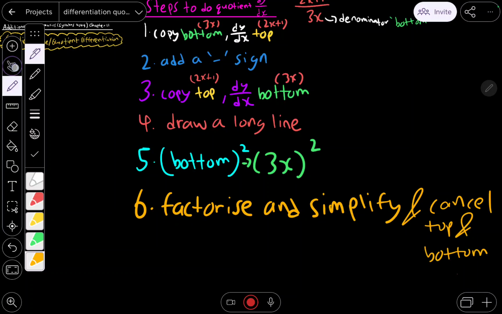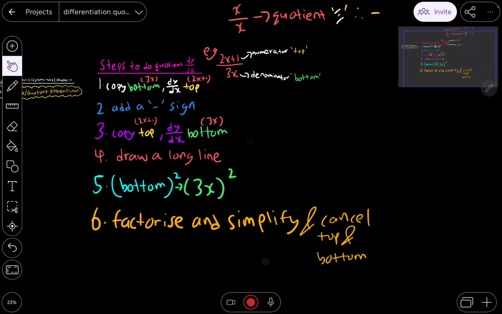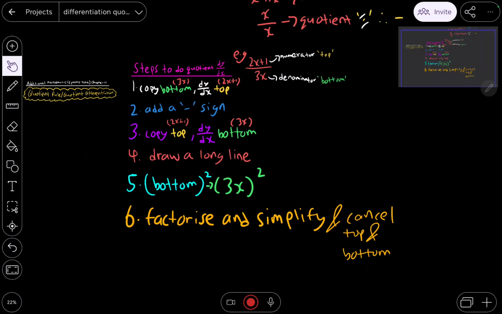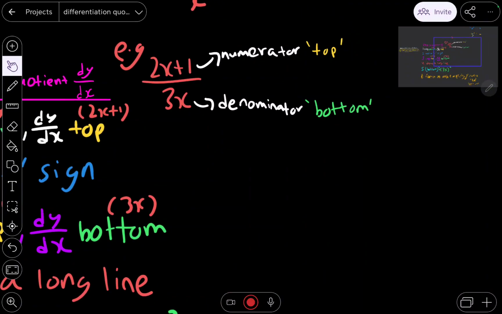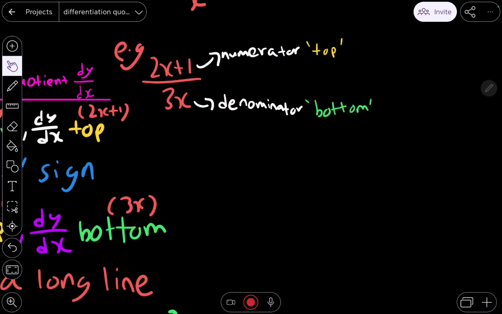So these are the 6 steps so far, and now we'll go to one question, and I will use this exemplar question to show you how we do quotient differentiation or quotient rule.